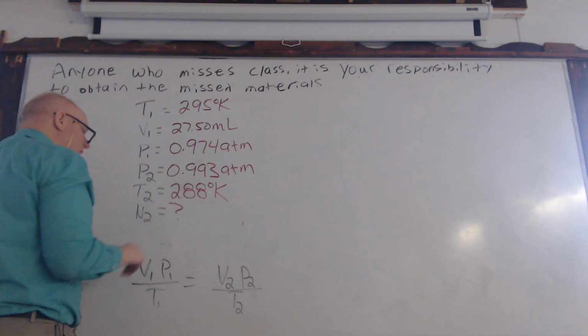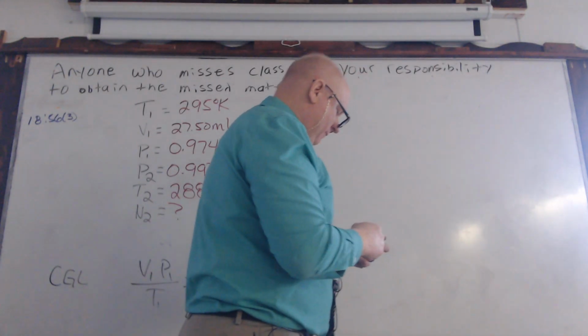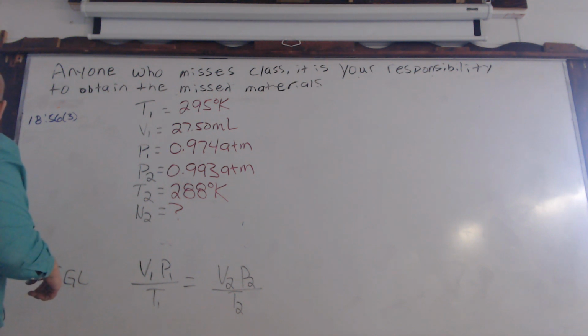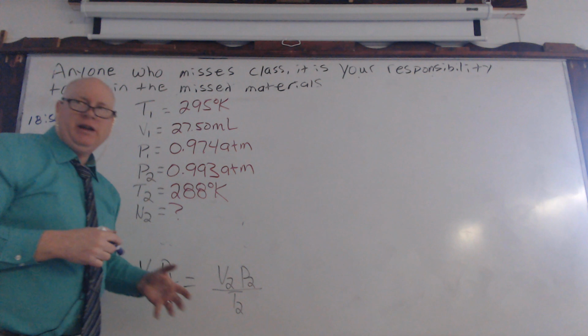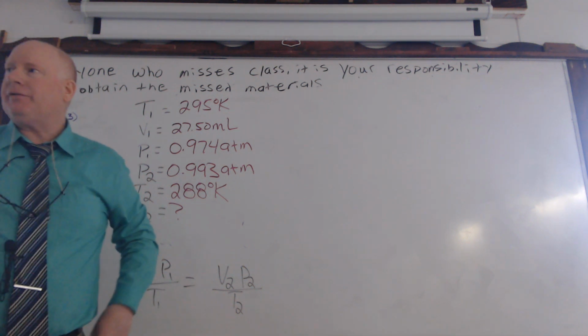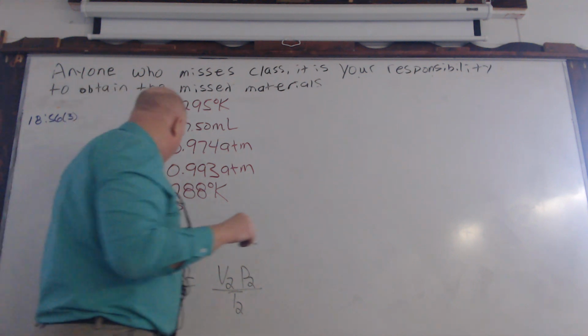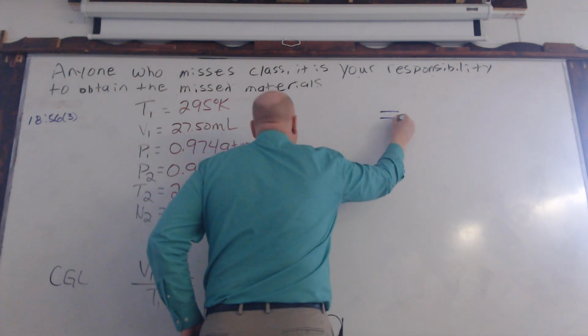And then we don't know. It's asking what will the volume be? Just like in physical science, you just do what the formula tells you to do, and then use your algebraic skills. So we've got volume 1 and pressure 1. Here's your equation.